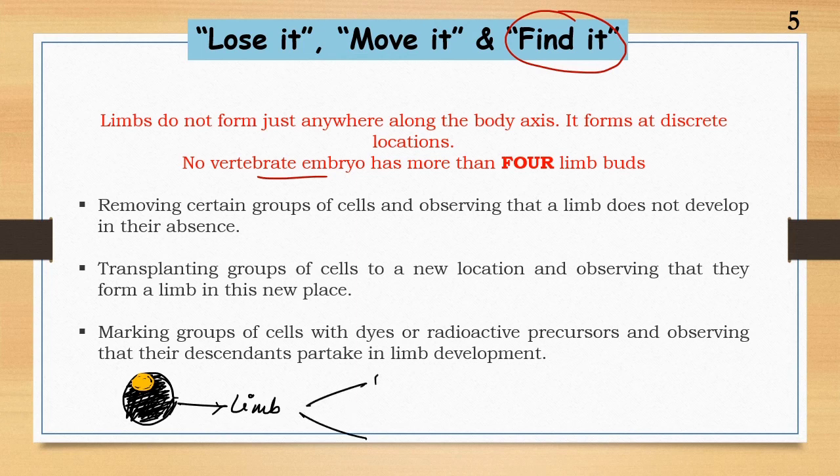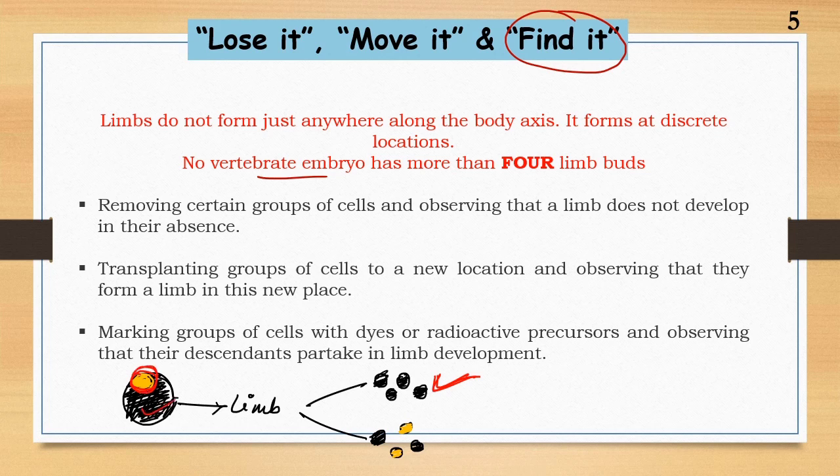So we can get either only normal cells, or we can get normal cells as well as radiolabeled cells. So this means where only normal cells are present and no labeled cells are found, this particular region was not involved in limb development.